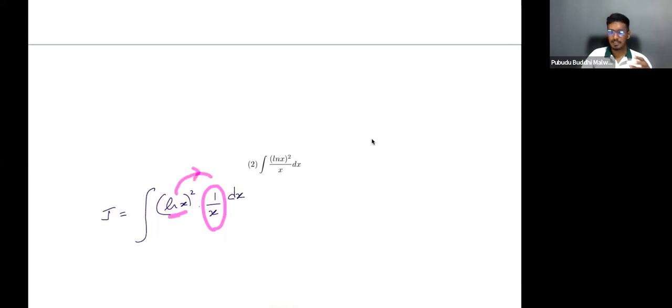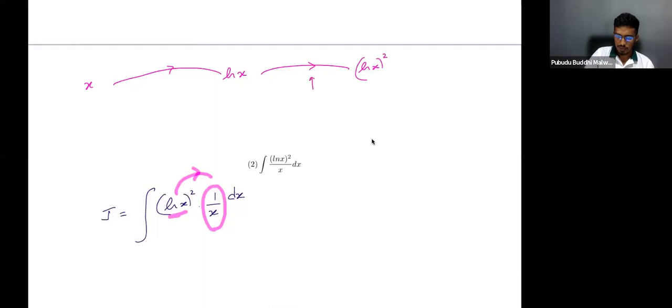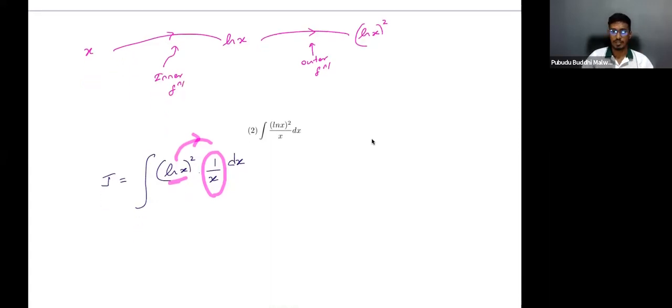Right? In other words, I can deform that natural log of x squared into two functions: x to the power of 2 as the outer function, and natural log of x as the inner function. More often we use a substitution for the inner function, that is natural log of x.